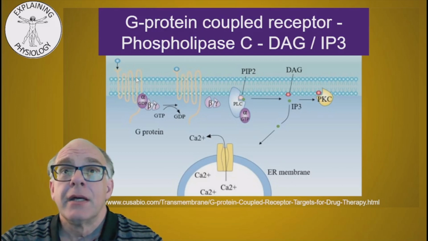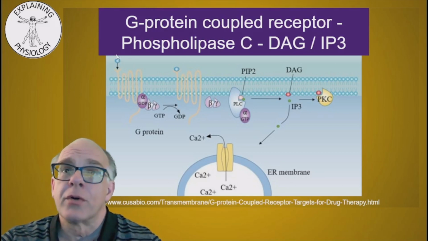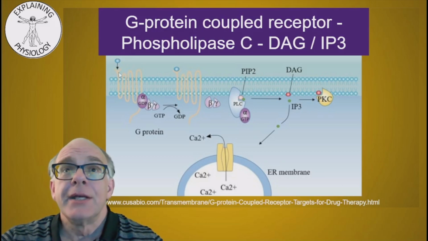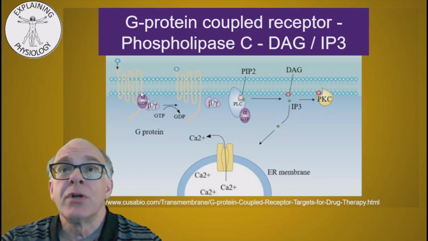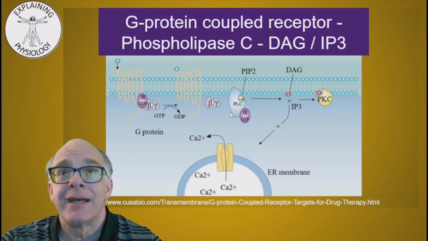We're going to have a transmembrane protein that is going to convert that external signal, and so a hormone or a ligand or a messenger is going to bind to this transmembrane protein, serving as a receptor. That is then going to activate a G protein, but in this case, that G protein then is going to act on phospholipase C, another protein that is embedded within the membrane.